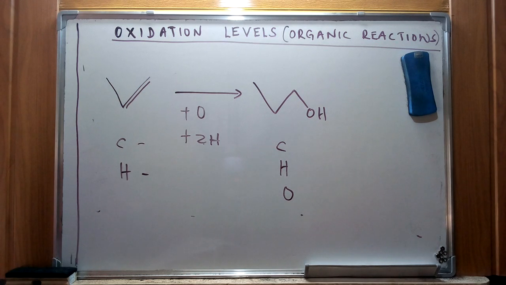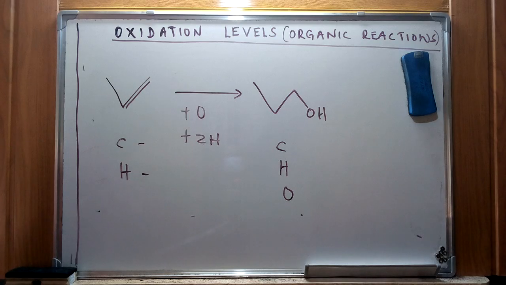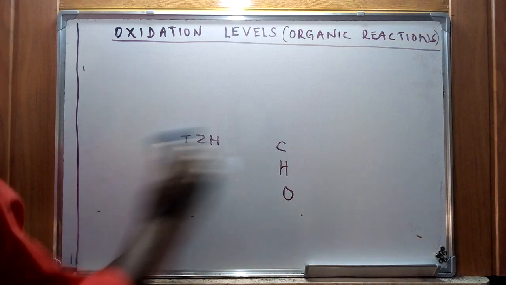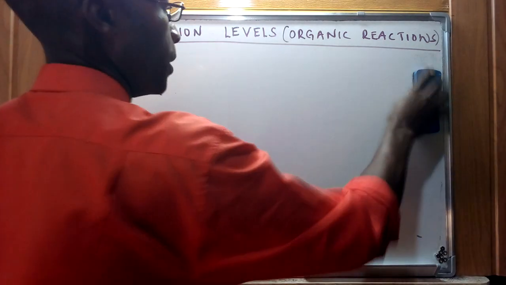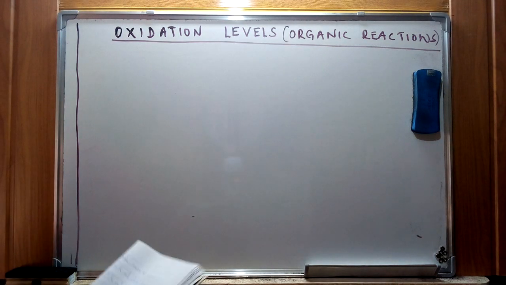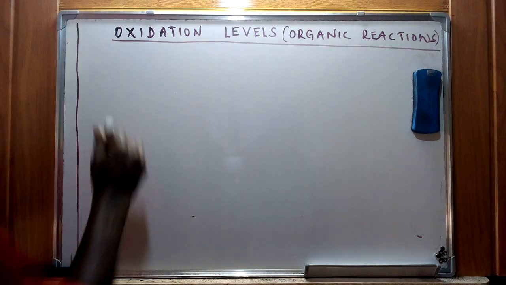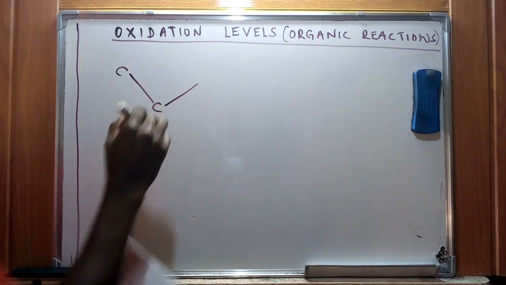So in this sense, we're going to follow a set of rules to identify oxidation levels for organic compounds. I'm going to use 2 examples so that we can have a final way to represent these oxidation numbers in order to remove that ambiguity.